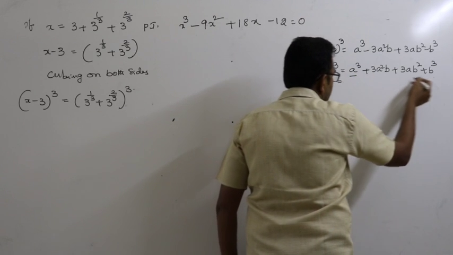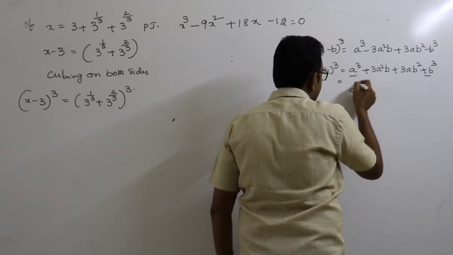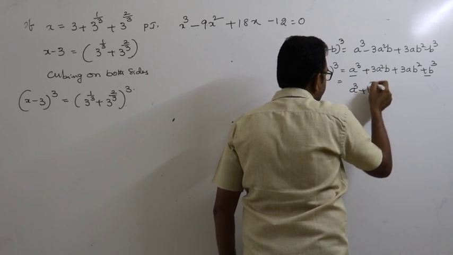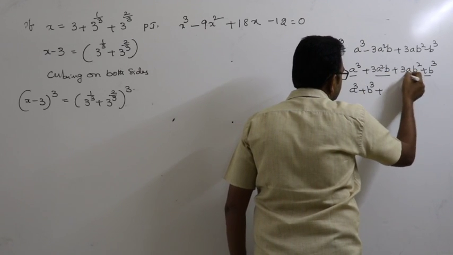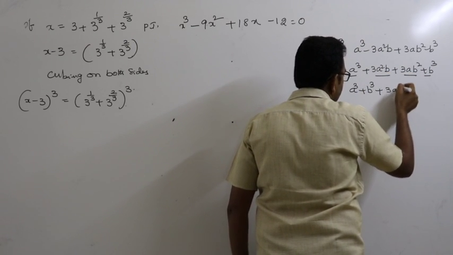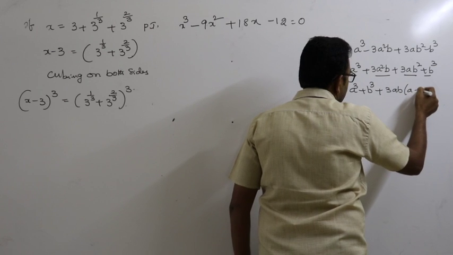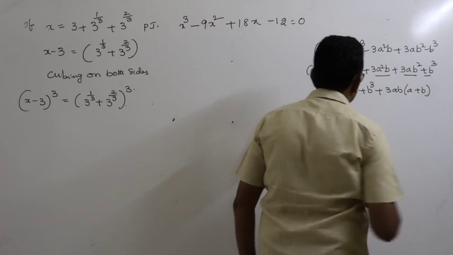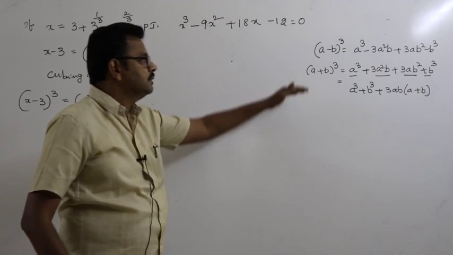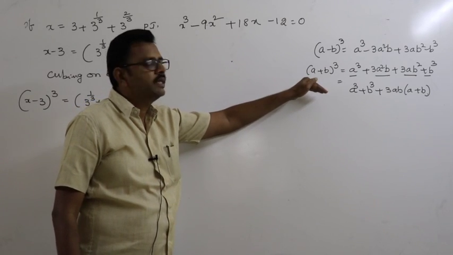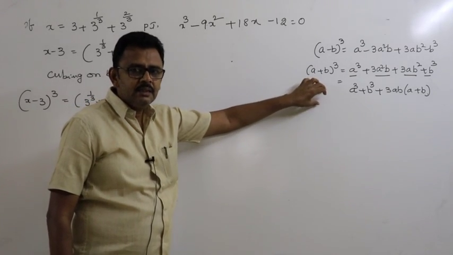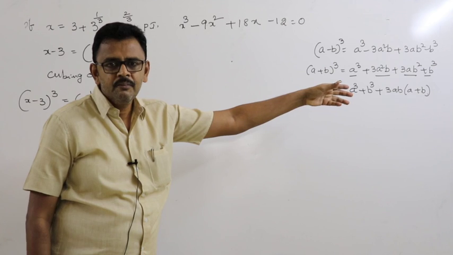And also, a cube plus b cube plus 3ab, taking common, a plus b. These are the algebraic identities which we discussed in earlier classes.